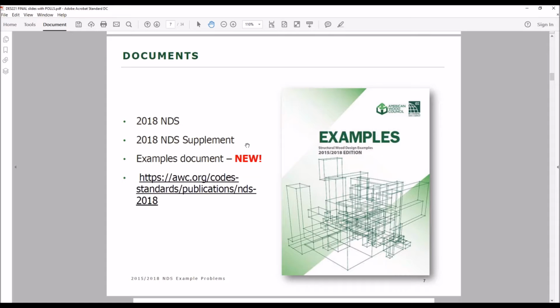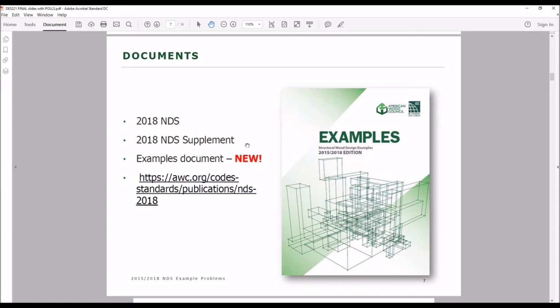There is one example that we'll do today that is going to apply to the 2018 NDS only, and I will point that one out when we come to it. That's just because there are some provisions that were added in the 2018 NDS that were not present in the 2015 NDS, so we will discuss that when we come to it.